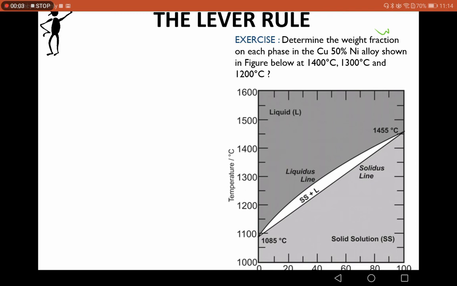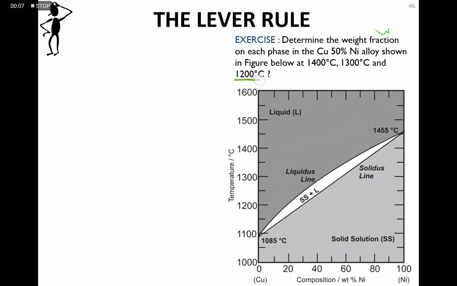Okay, last, 1200 degrees Celsius. This is the first step: 50 weight percent of nickel, and 1200 degrees Celsius is your temperature. You can get this region.